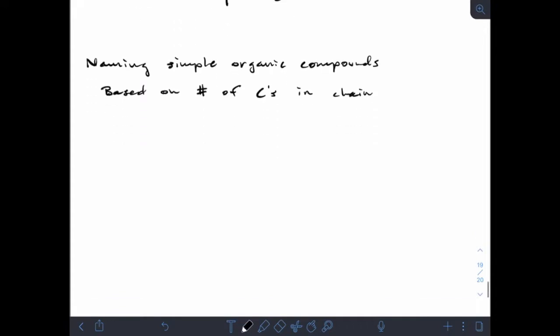Right, and we use the prefixes, but they're a little bit different at the beginning. So the number of carbons: if I have 1, the prefix for 1 carbon is meth, 2 is eth, 3 is prop, 4 is but.